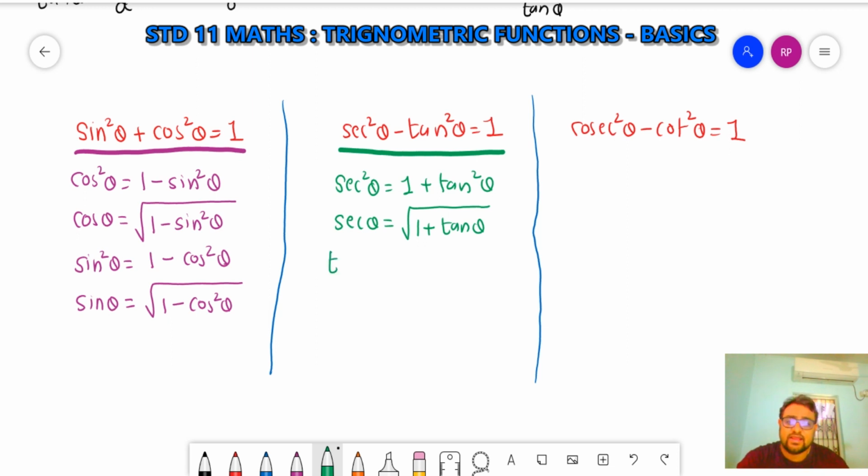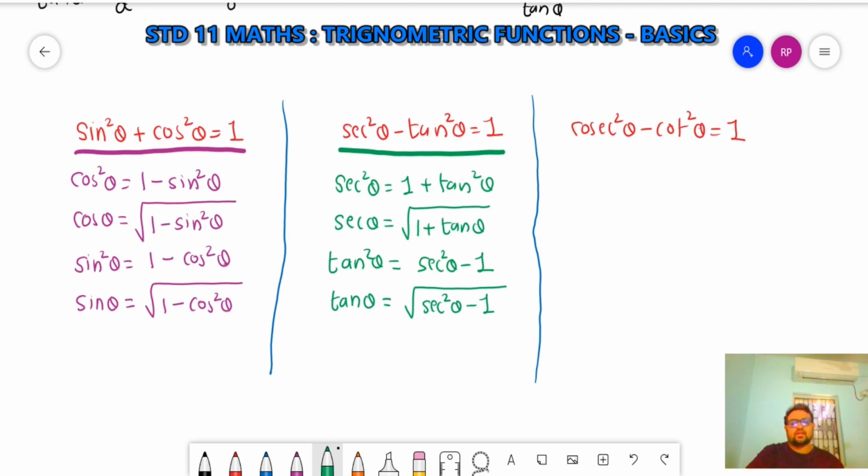Similarly, tan square theta, when I take tan square theta to the other side, it becomes positive 1 here, so it will be equal to sec square theta minus 1, or tan theta will be equal to square root of sec square theta minus 1.